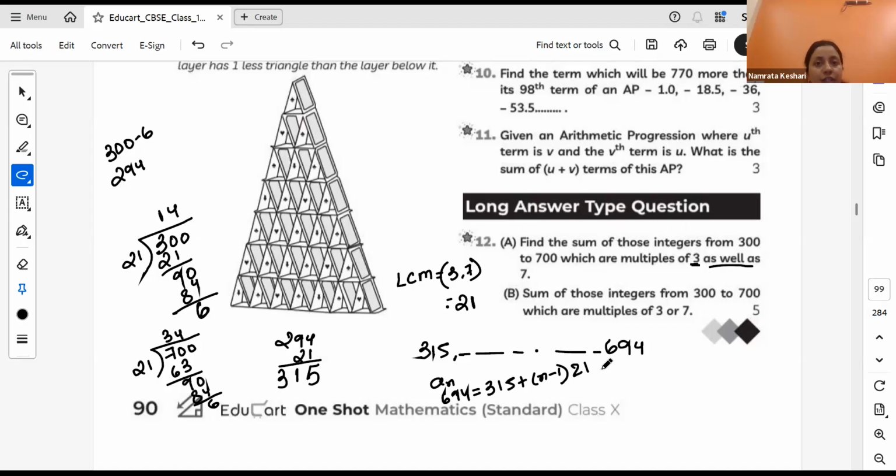You can see part B is also there. The moment you read part B, you will think that there is a misprint and the same question is written over there. Is it that, or is that a different question? Who will say part B is a different question or the same question?